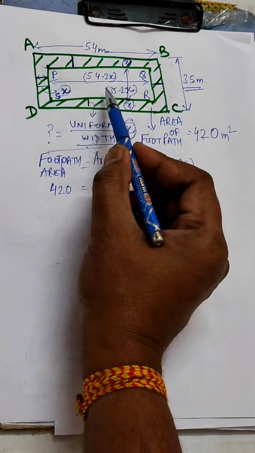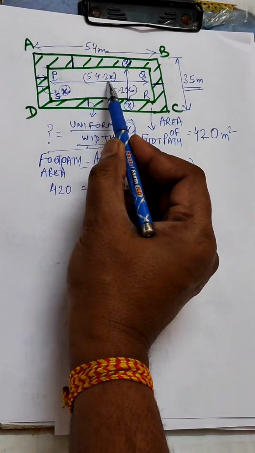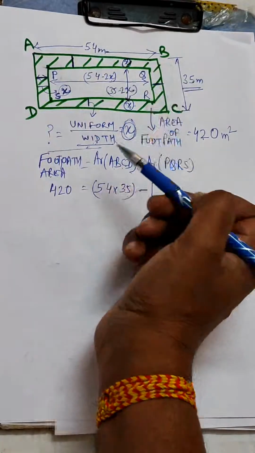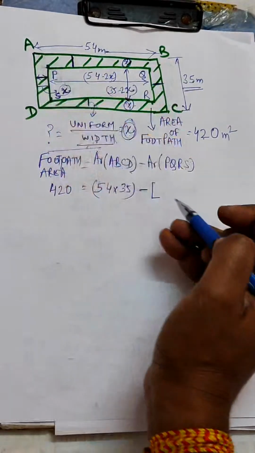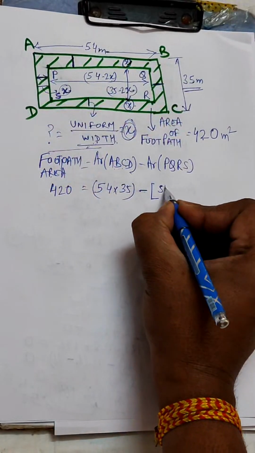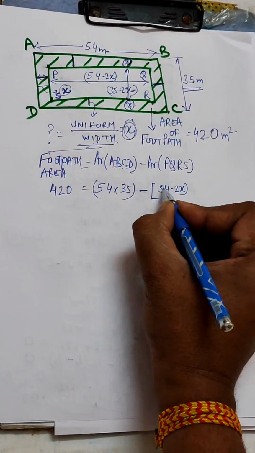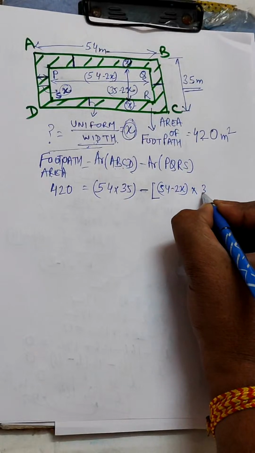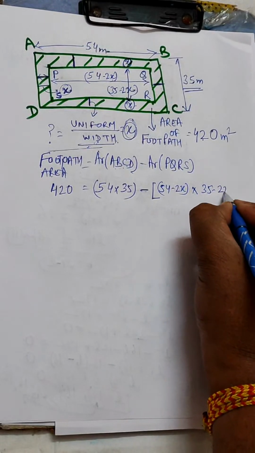But the length of the inner rectangle is 54 minus 2x, because this width will be subtracted from left and right. Understood? So this will be 54 minus 2x, multiplied with 35 minus 2x.